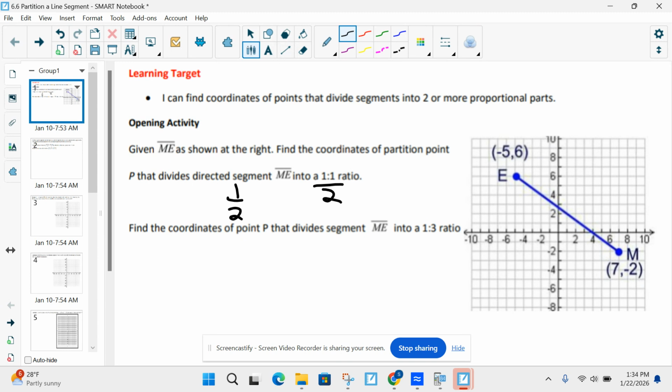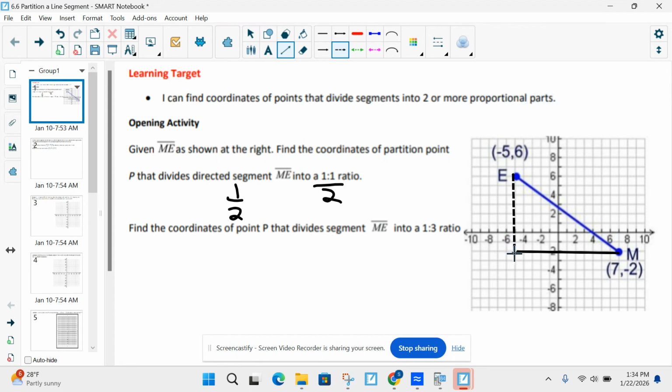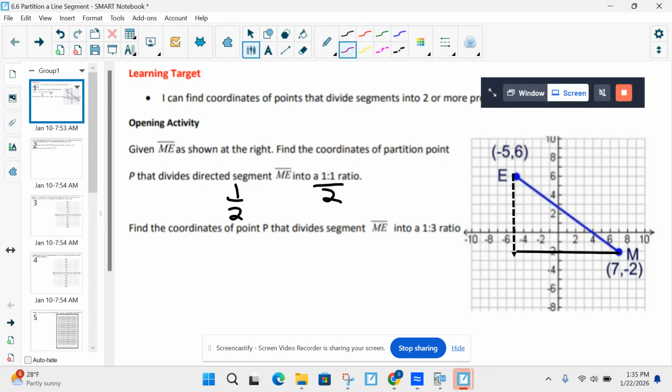So if I take a line, I'm actually going to be using my dotted lines for this, and make a right triangle by going over and up from M to E. The horizontal distance from M to E is from 7 to -5, and that is 12. So this distance is 12.